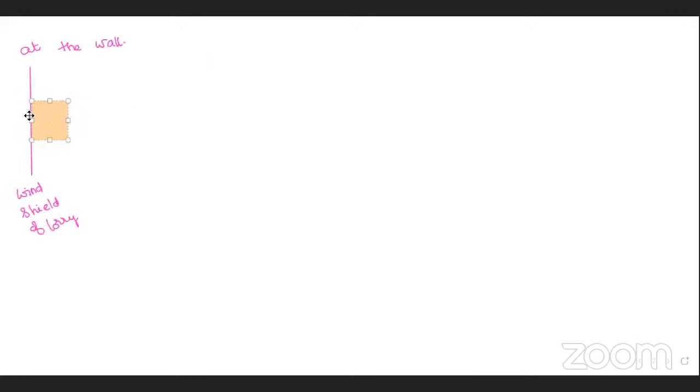The Angry Bird sticks to it, means it strikes the windshield. Immediately after striking here, what is the normal reaction? I'm asking. This is the block of mass m. Okay, the normal reaction.